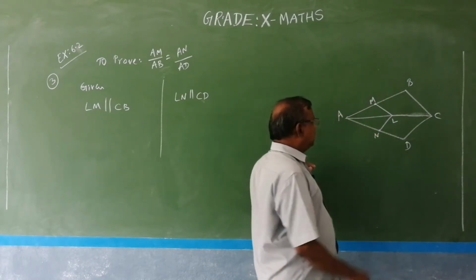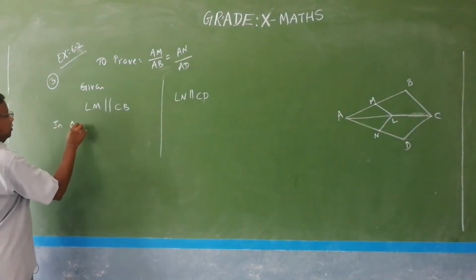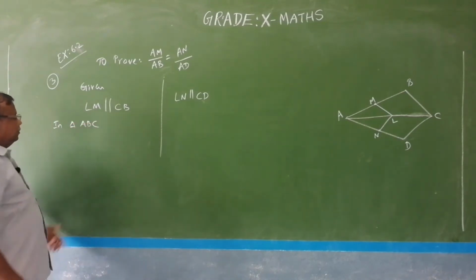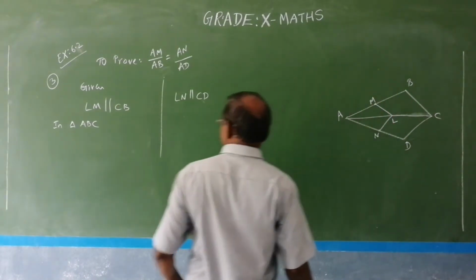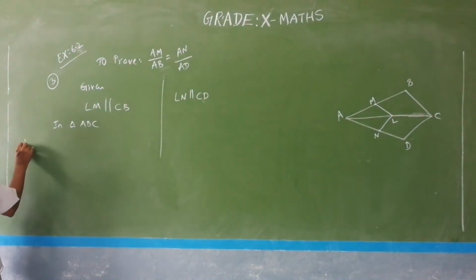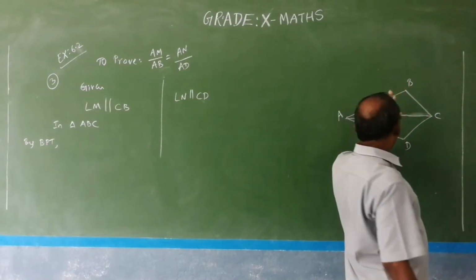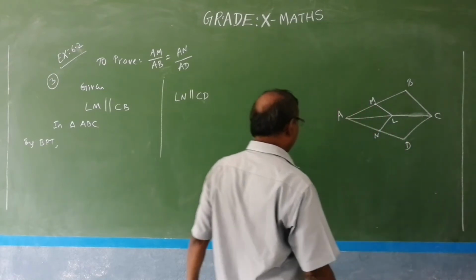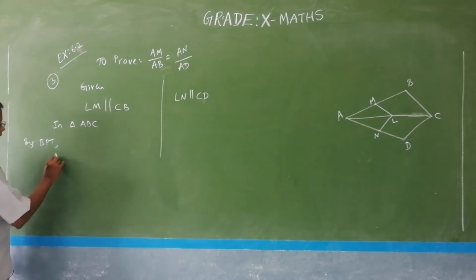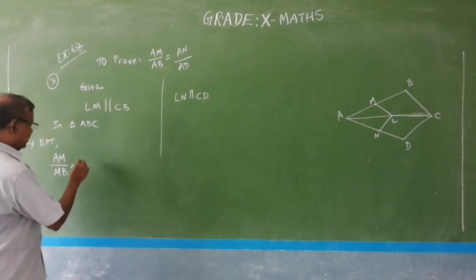Now, consider triangle ABC. So, in triangle ABC, given that LM parallel to CB. So, by basic proportionality theorem BPT, we have, if a line is drawn parallel to one side of the triangle, then the other two sides are divided by the line in the same ratio. Therefore, AM by MB equal to AL by LC.